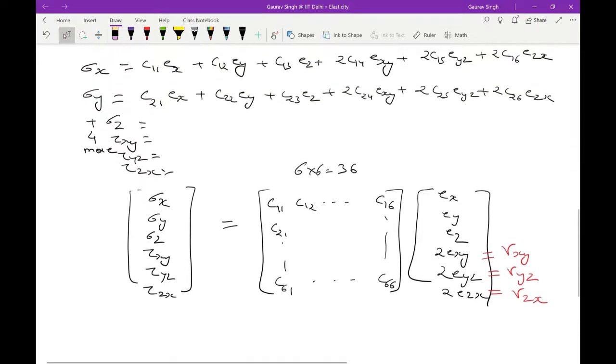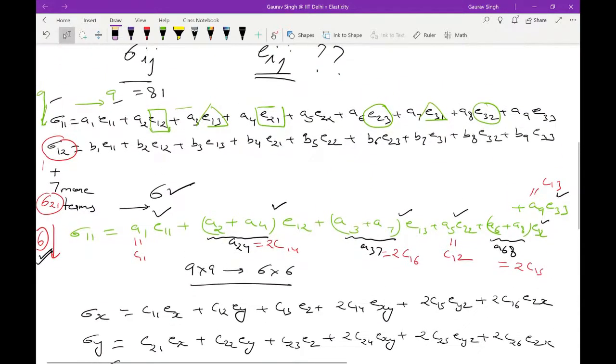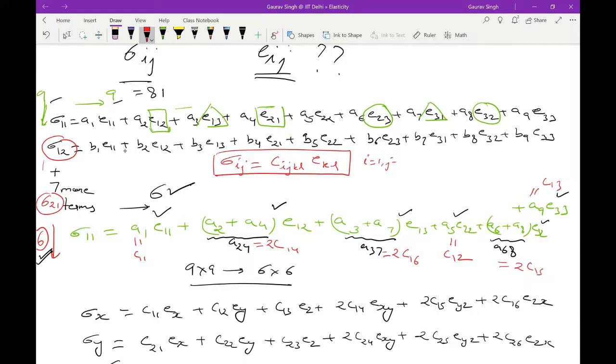So this 9 by 9 system which you have over here can be written as sigma ij equal to Cijkl ekl. Okay. You want to write, for example, what sigma 1 1 is, put i equal to 1, j equal to 1, and then expand this first over k and then over l. You should get this first line.